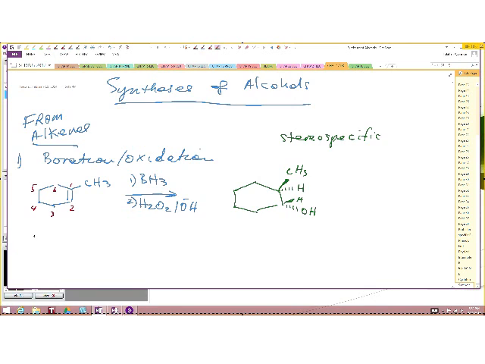We could also use, let's say 2, the same molecule. We take mercuration. Make it easy for you. Mercuration, demercuration.